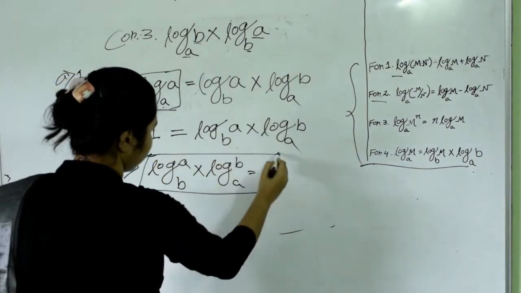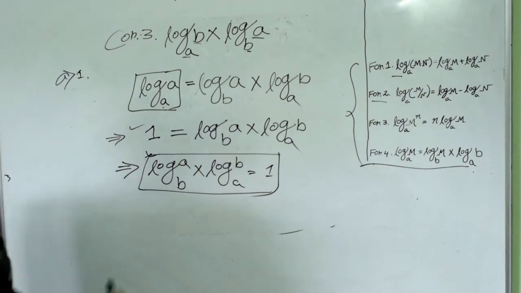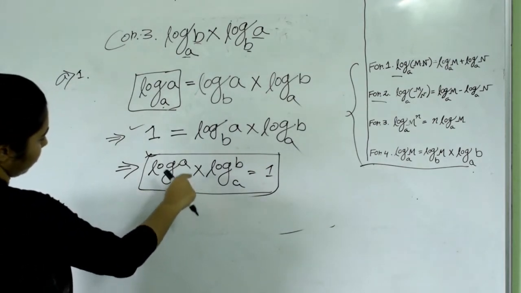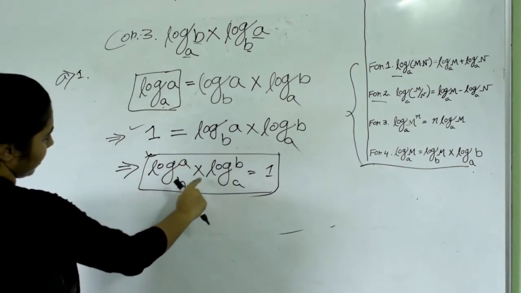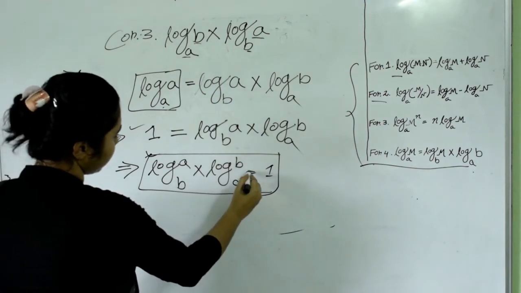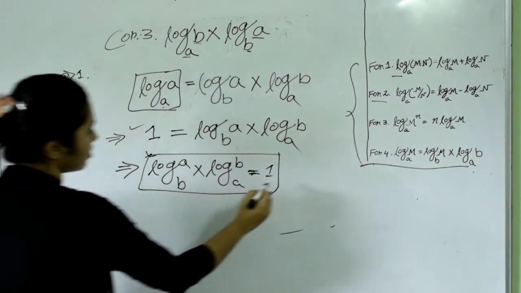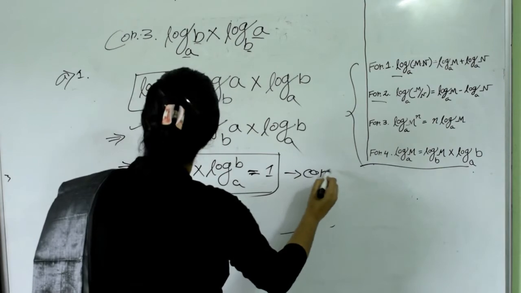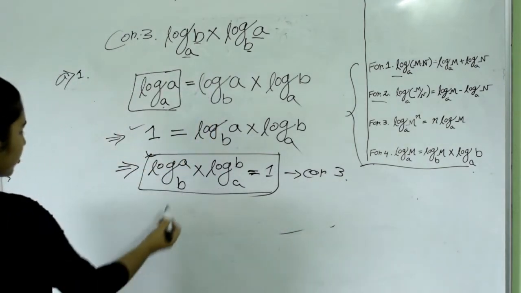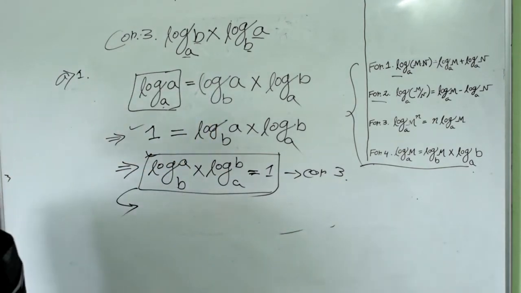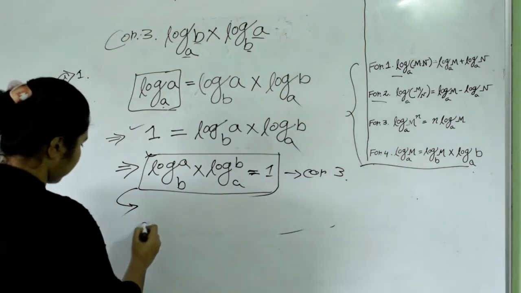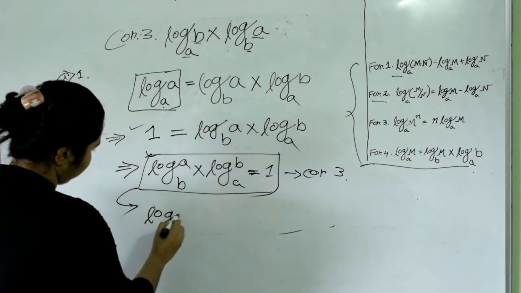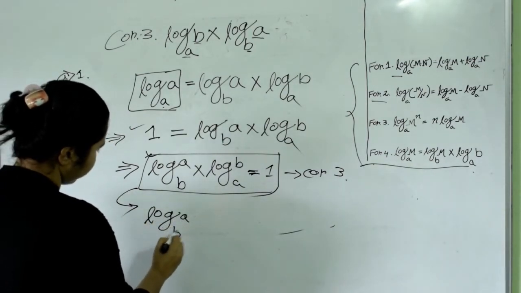So here the proof. So log a with base b and log b with base a, the value is 1. This is corollary 3. Now we can deduce from this expression one more corollary. Look at here. Log a with base b.